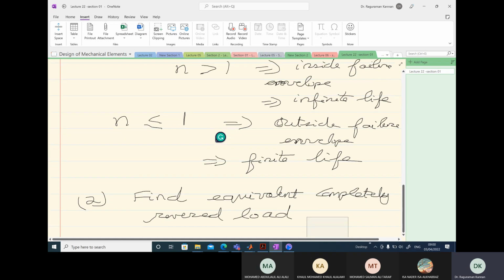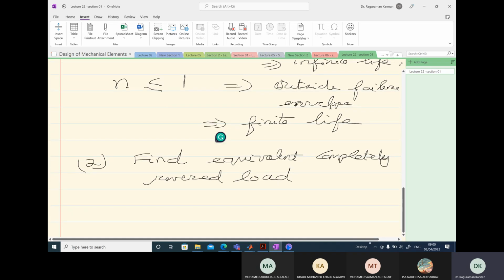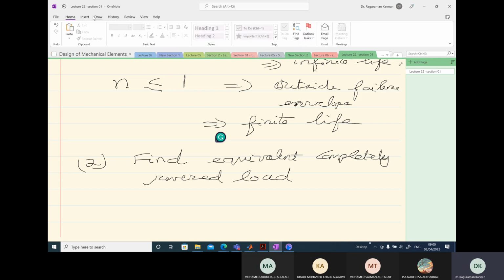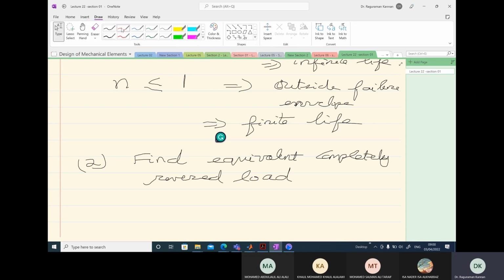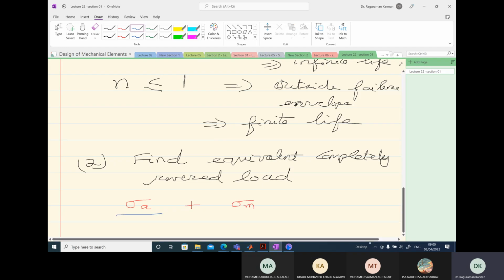So I can write sigma A, which I already know. Sigma mean value I also already know. But for the blue line, in the denominator, instead of putting the SE value, I'm just going to put sigma reversible, which is the unknown.